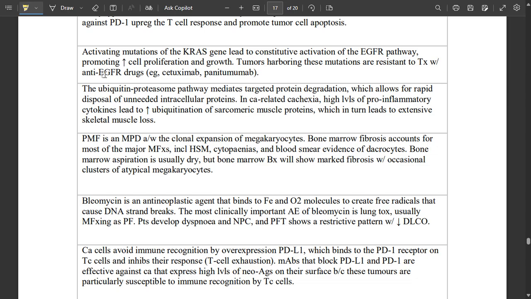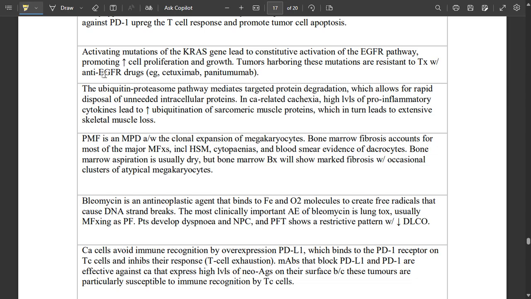So for cells to proliferate, the growth factor EGFR is necessary, and it is controlled by the activating mutation of the KRAS gene. Tumors which harbor these mutations are resistant to treatment with anti-EGFR drugs, because inhibition of just EGFR is not sufficient.